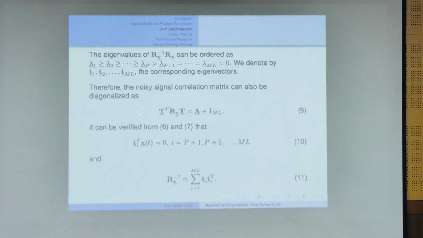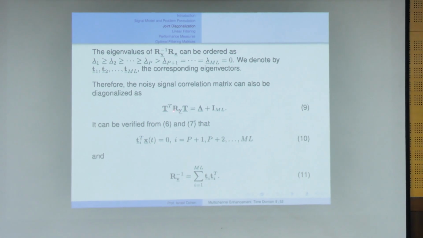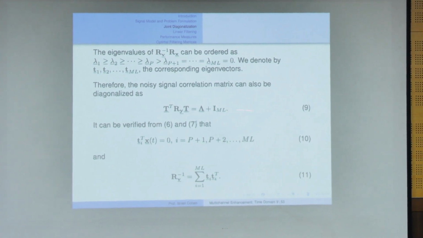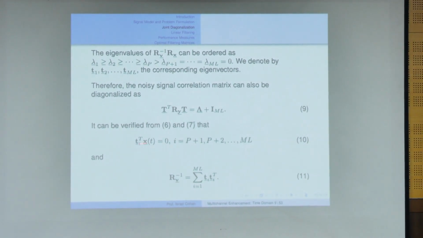We have properties like this: if we diagonalize the matrices Rx and Rv, then of course the matrix T also diagonalizes the correlation matrix of the measurements. We also know that the inner product between the eigenvectors and the signal, any signal, is strictly 0 for the eigenvectors with eigenvalues which are 0, just like what we had with the single channel.